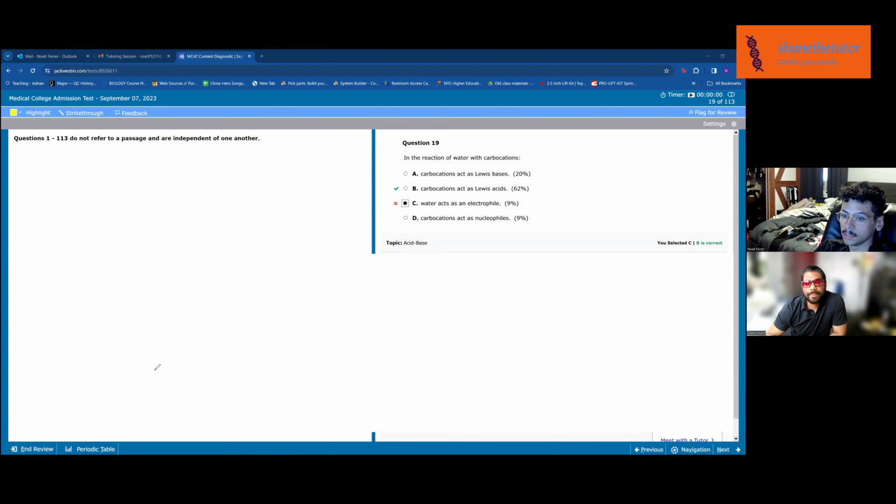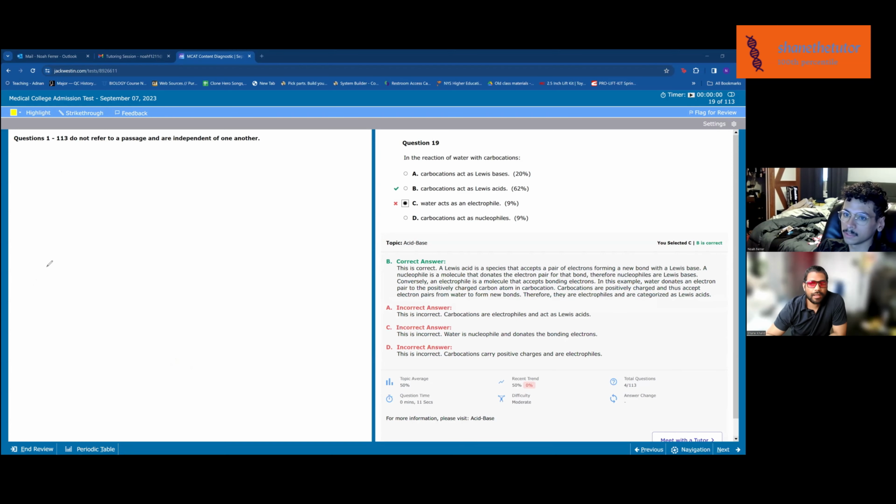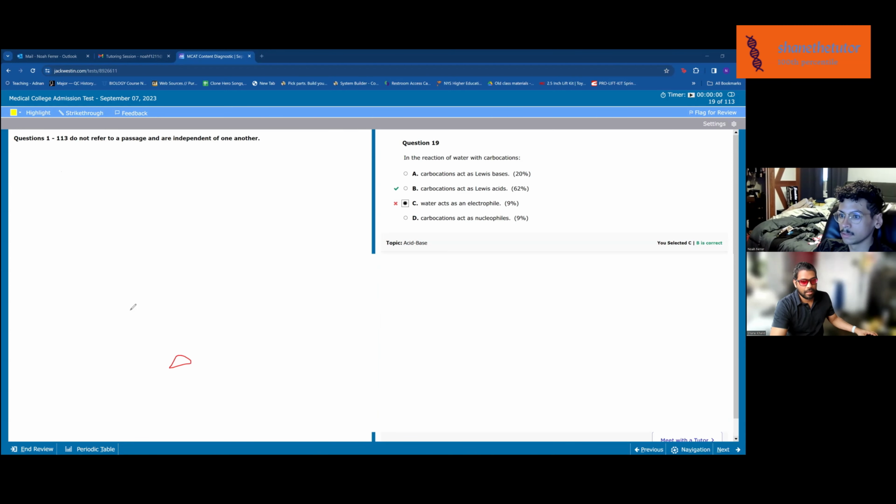Now what did I tell you about what's a Lewis base? A Lewis base is a proton donor, right? That would be Bronsted-Lowry acid, so try again. A proton acceptor, right?